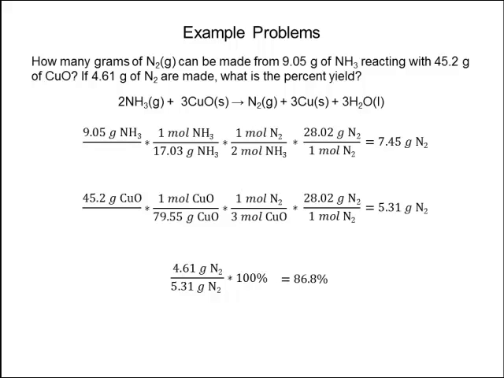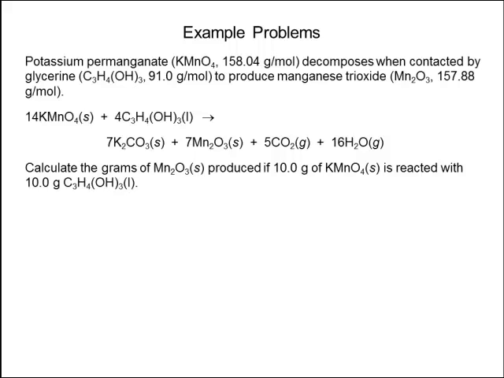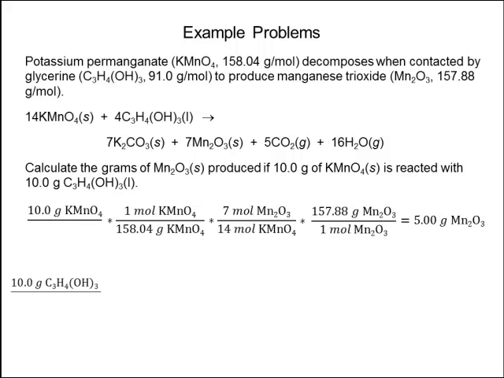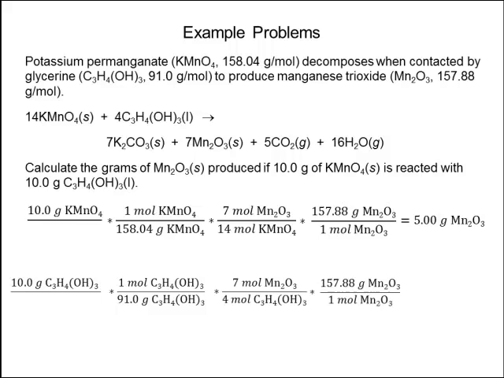Let's look at another example. So I'd end up getting 5 grams of manganese oxide produced in this, and my KMnO4 would be my limiting reagent.